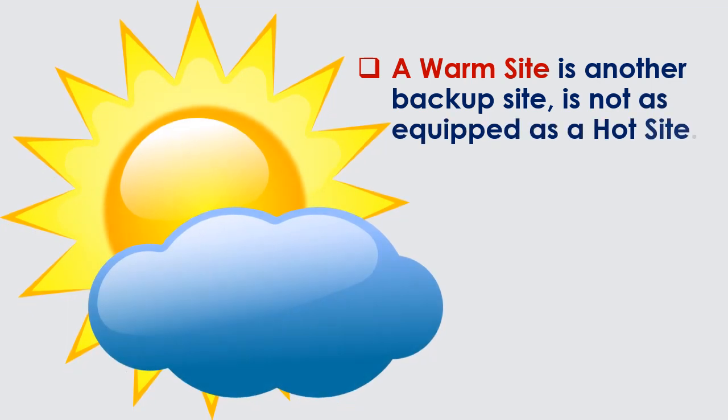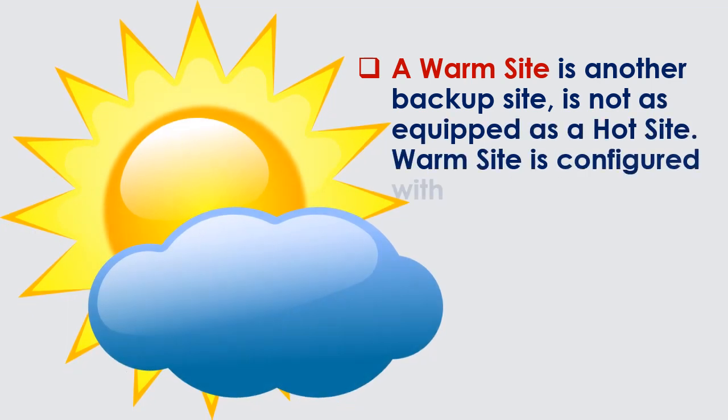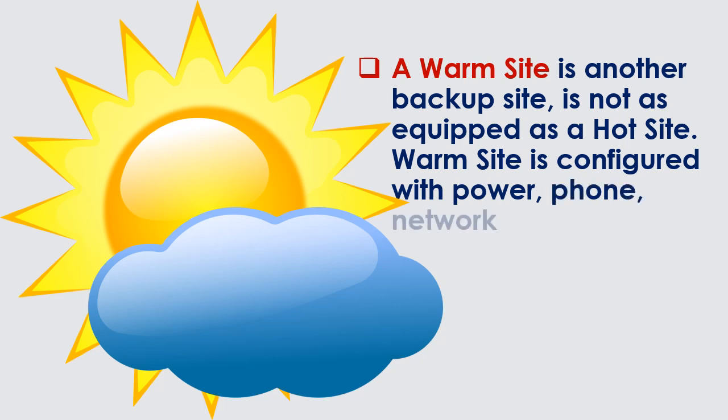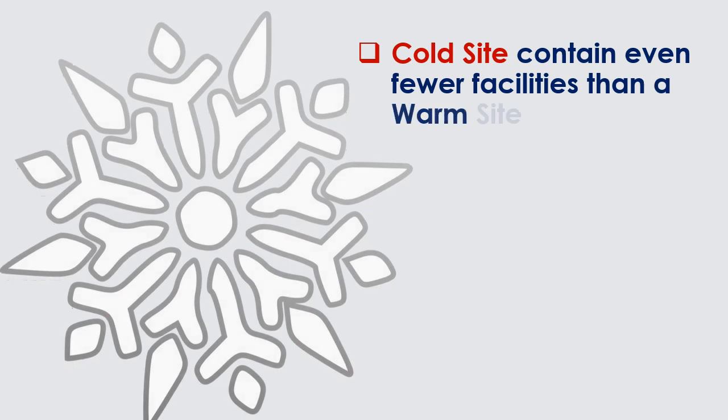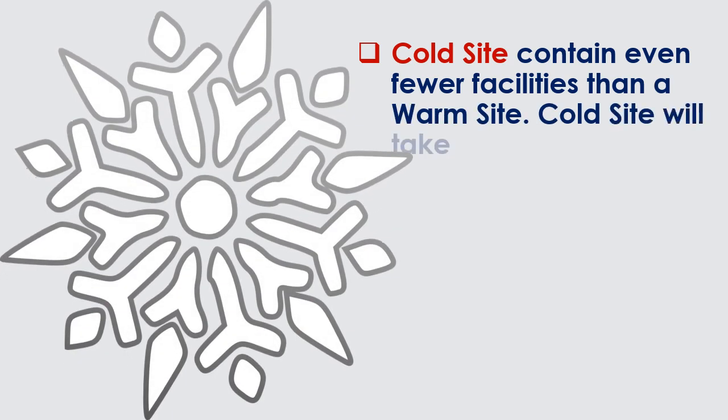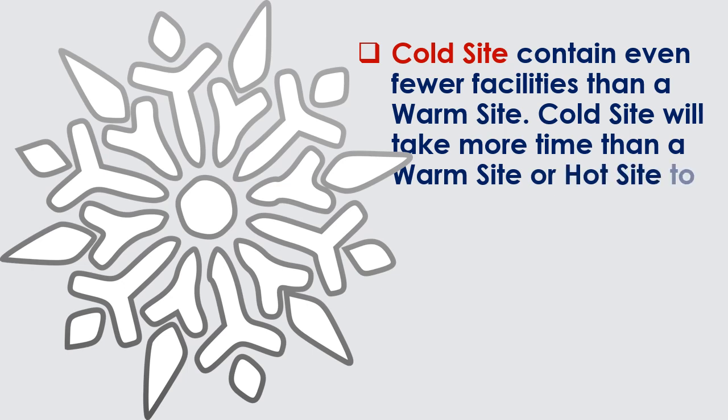Warm site is configured with power, phone, network, etc. Cold site contains even fewer facilities than a warm site. Cold site will take more time than a warm site or hot site to switch operation, but it is the cheapest option.